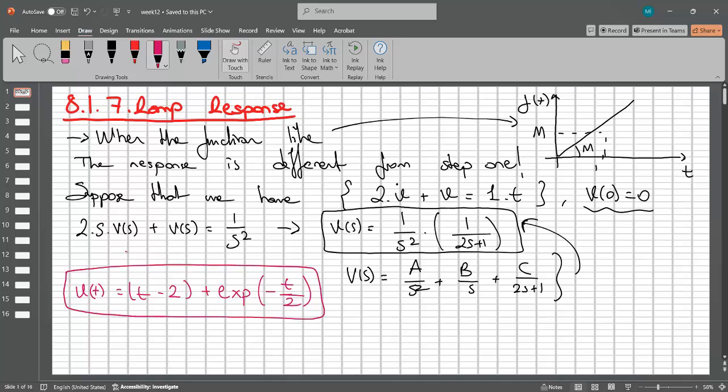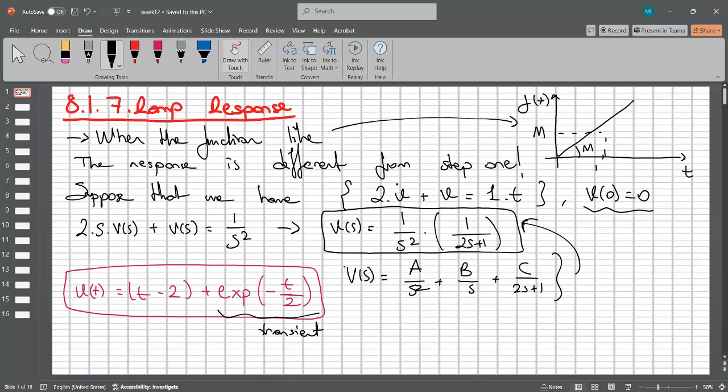Which one is the transient response here, Hajar? Which one is transient? And we also have steady state. Yes, why? Transient means temporary, right?